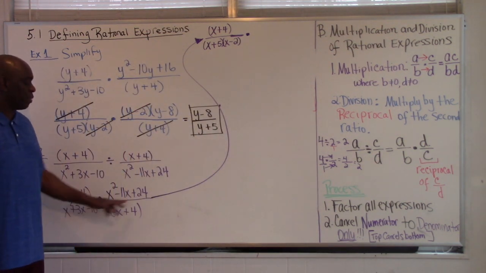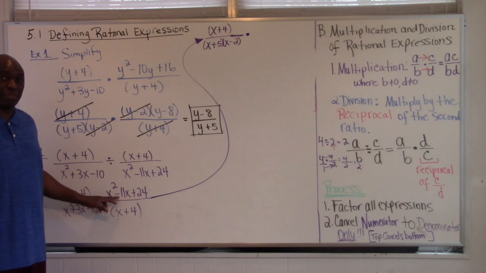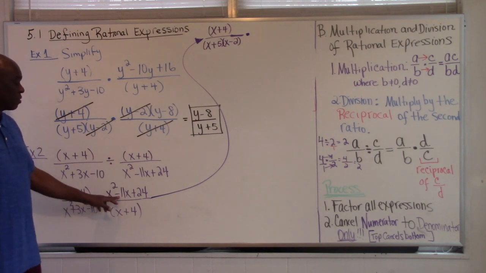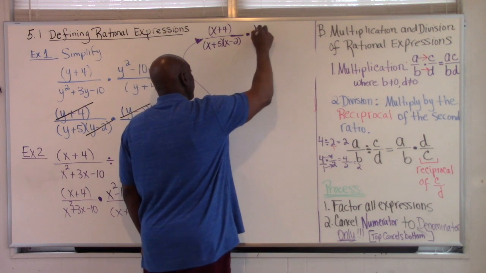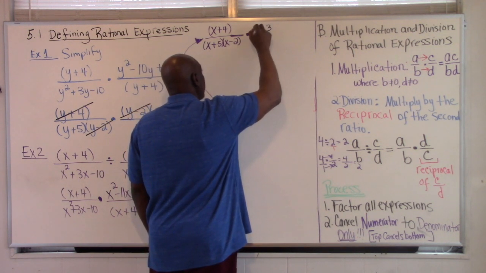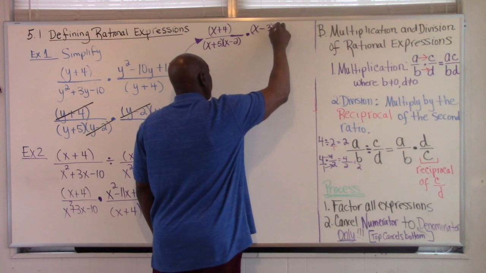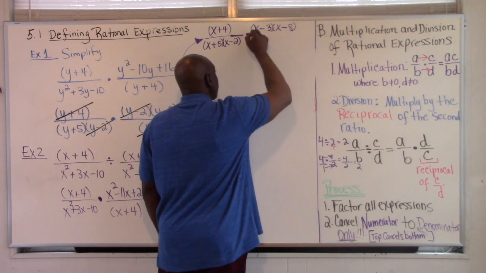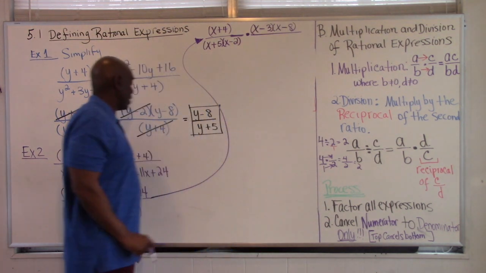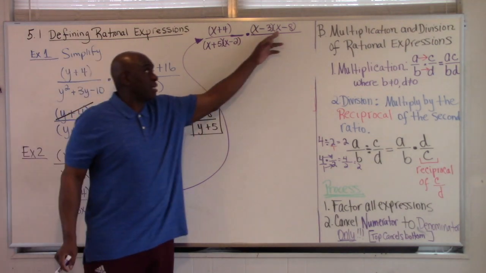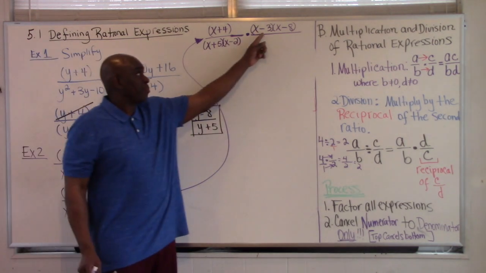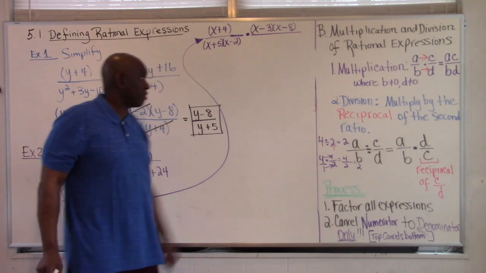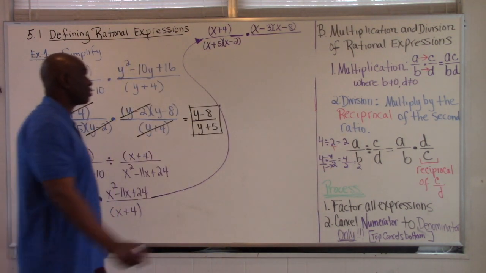Two terms that multiply to 24 and add up to negative 11. That's going to give us x minus 3 times x minus 8, because negative 3 times negative 8 is positive 24, and negative 3 plus negative 8, their sum is negative 11, all over x plus 4.